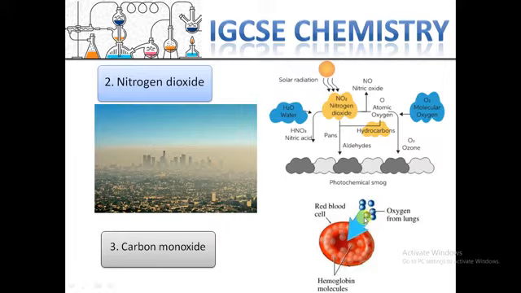But carbon monoxide is stronger than oxygen and it reacts strongly with hemoglobin, and it doesn't let the oxygen go inside the hemoglobin. So that means we cannot receive enough oxygen from our breathing.